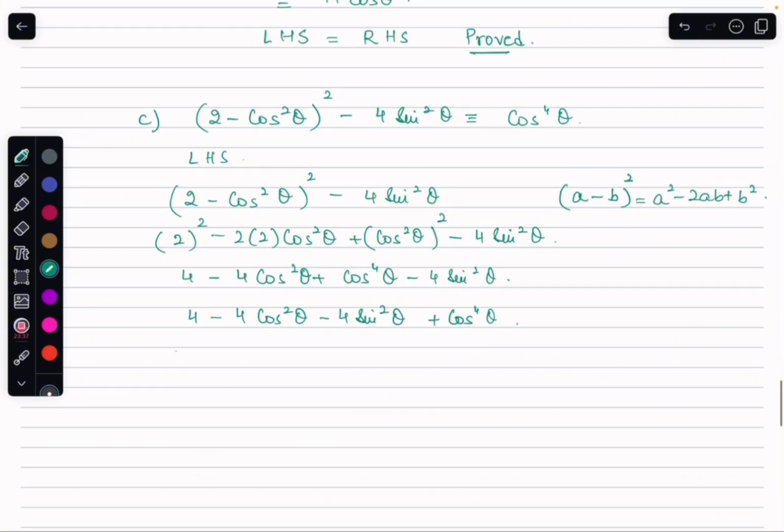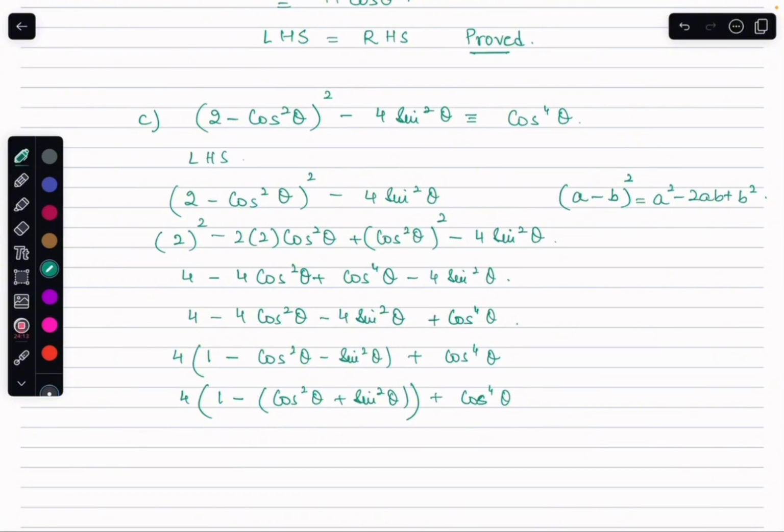So I can take this 4 common so that I'm left with 1 minus cos square theta and a minus sine square theta, and then I have a plus cos 4 theta here. Right, so it's a 1. I can take the negative common. I'll be left with cos square theta plus sine square theta, and then I have a plus cos to the power 4 theta.